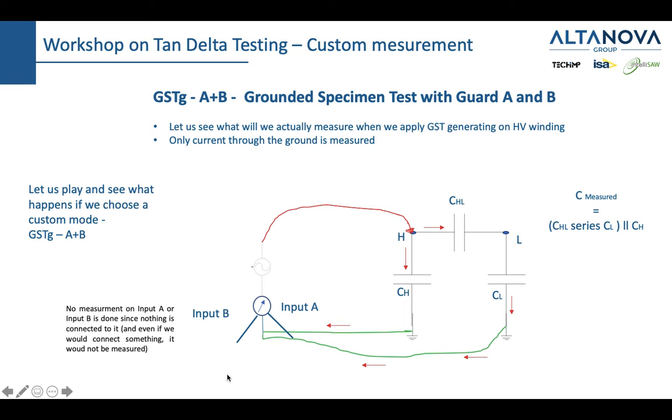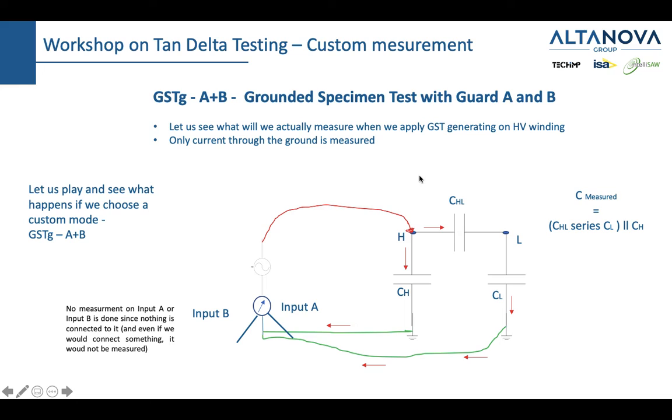be taken into consideration. But if we look here, we would see that if we are measuring current running through the ground, then we are measuring actually this current and this current here, which effectively gives us the capacitance, which is the parallel connection between CH and the series connection of CHL plus CL, as we can see here.